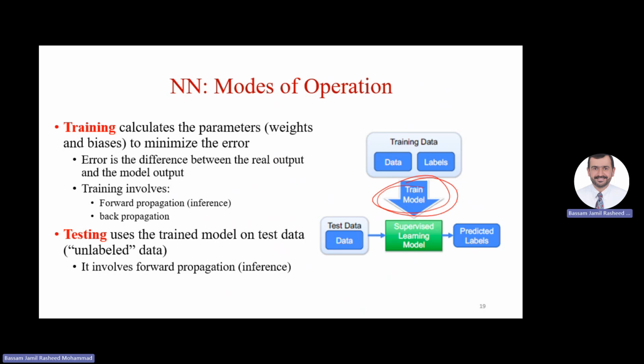The most important of it are: how many layers, how many inputs, how many outputs, what are the values of the weights, what are the values of the biases, what are the activation functions? All these questions and answers are my model. So I construct my neural networks and I have to train it.